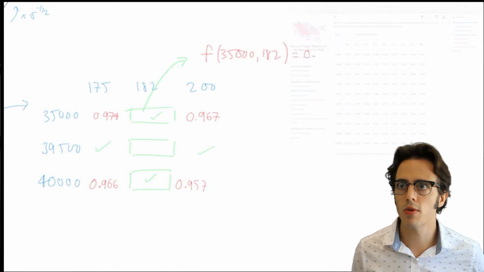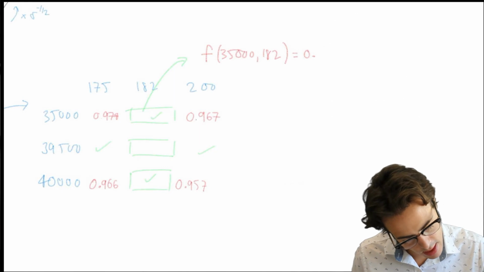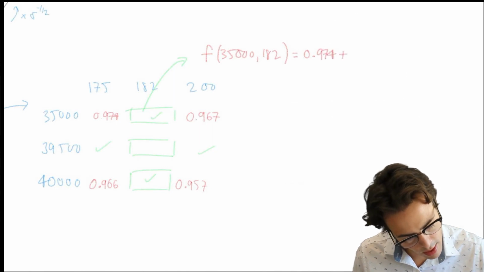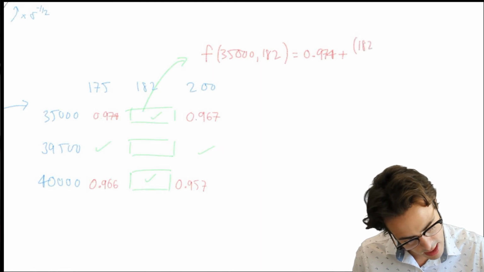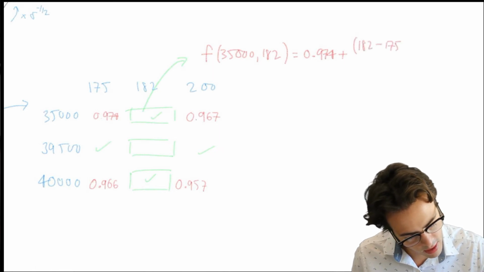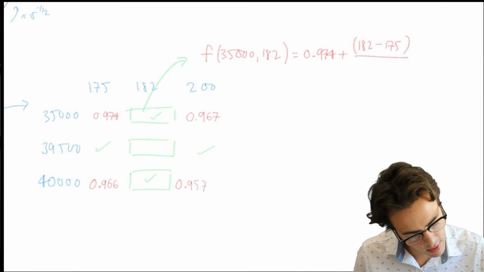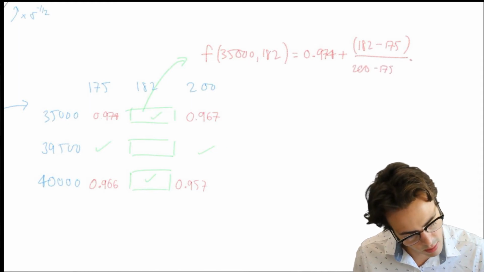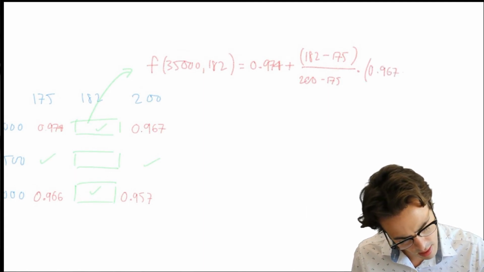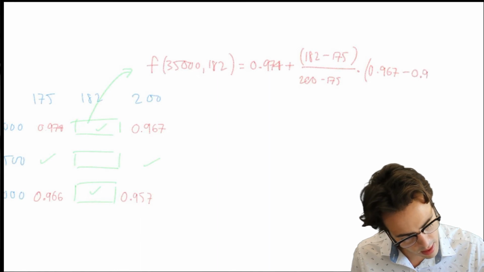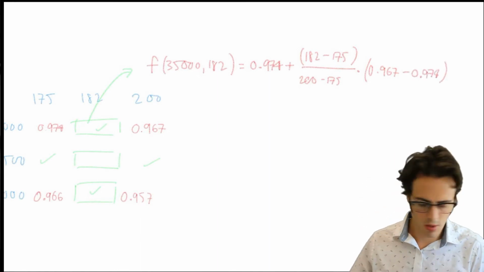So that's going to be equal to 0.974 plus 182 minus 175 divided by 200 minus 175 multiplied by the difference in values there, 0.967 minus 0.974.